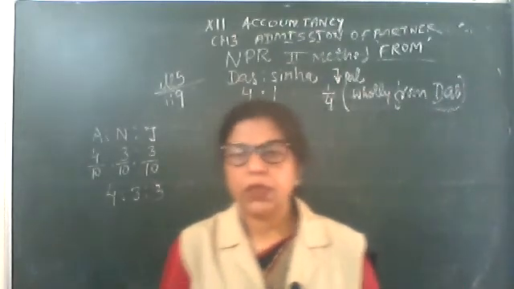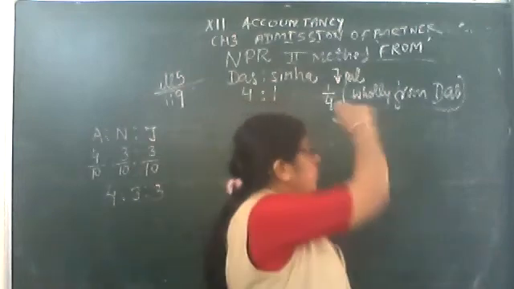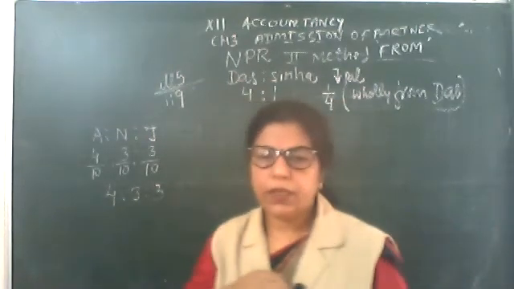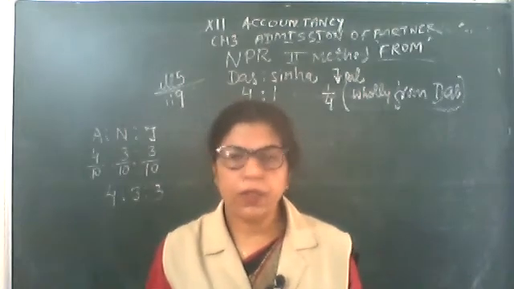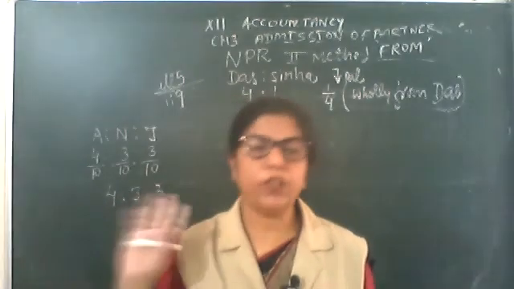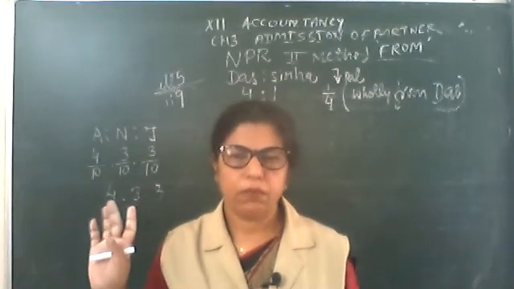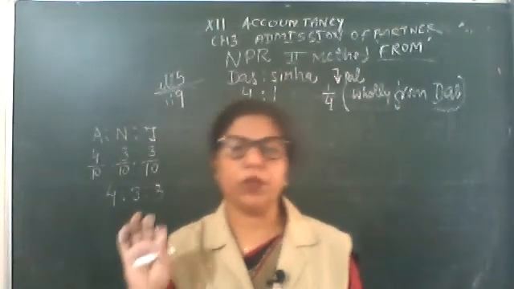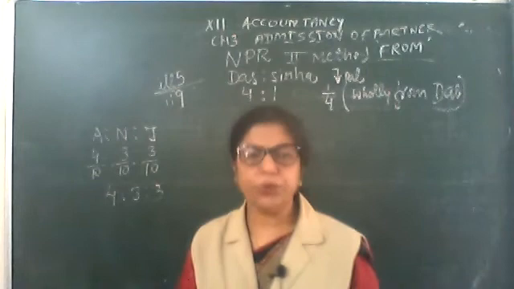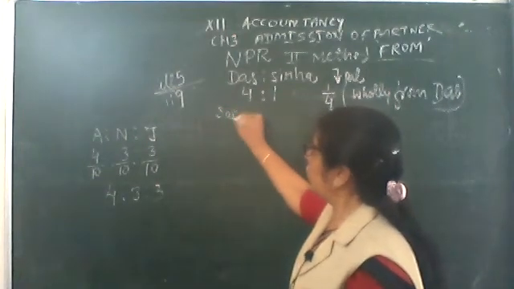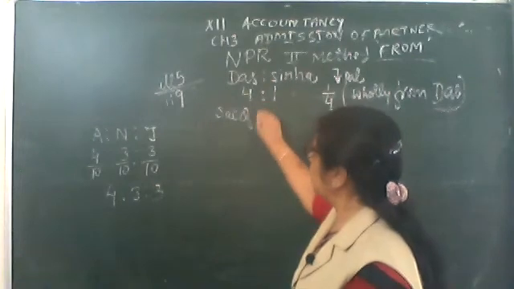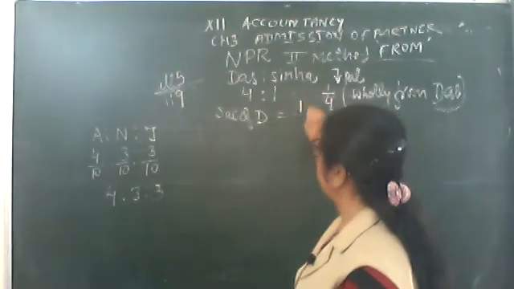Children, by this line, we can understand that only Das is sacrificing. Sina is not sacrificing anything. Clearly, wholly from Das. So what to do now? See, the sacrifice of Das is equal to 1/4.